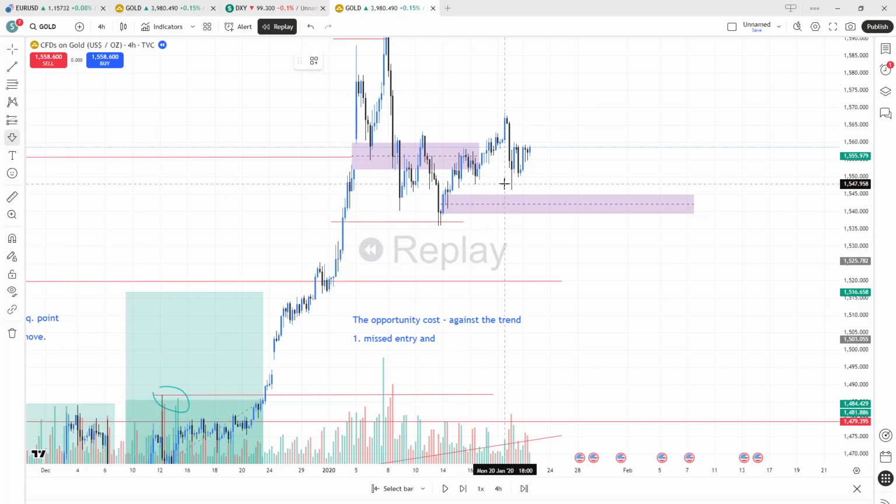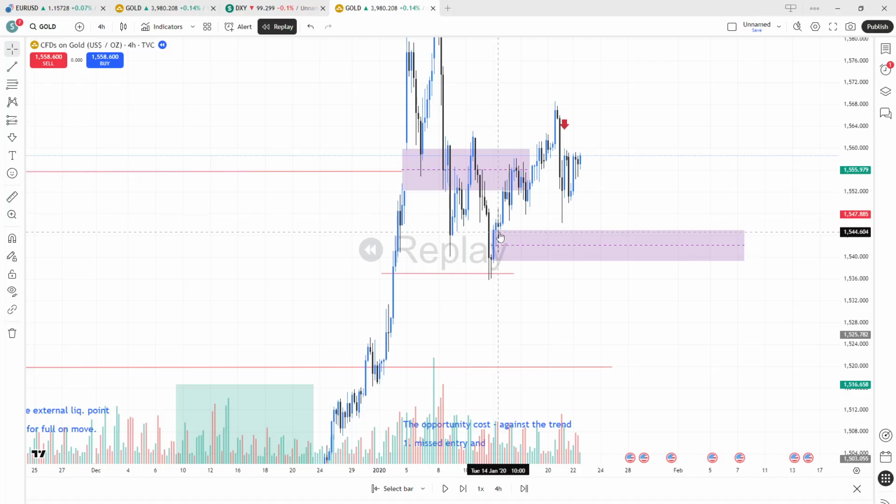Right, break of structure, or I would say like sweep, right? Internal sweep. But see, this low before this high, yeah, it's not considered a sweep, but it took out this. So this low before this high.